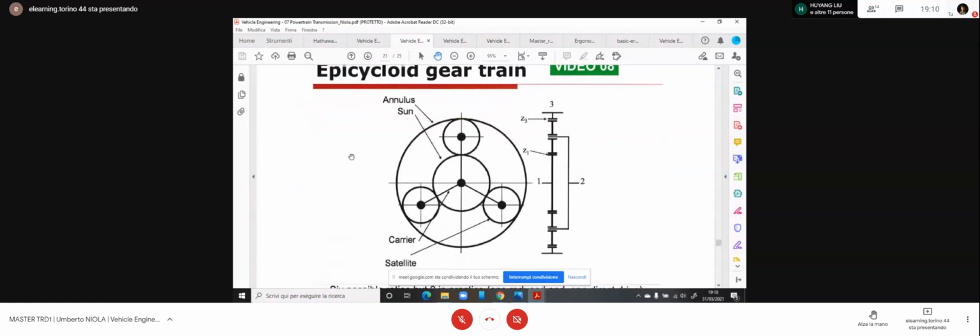They use, in the traditional way, this kind of organization: epicycloid gear trains.